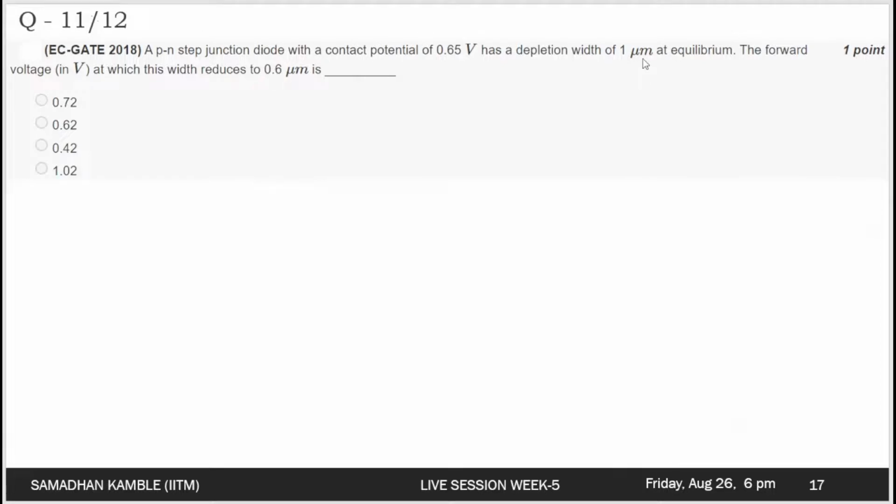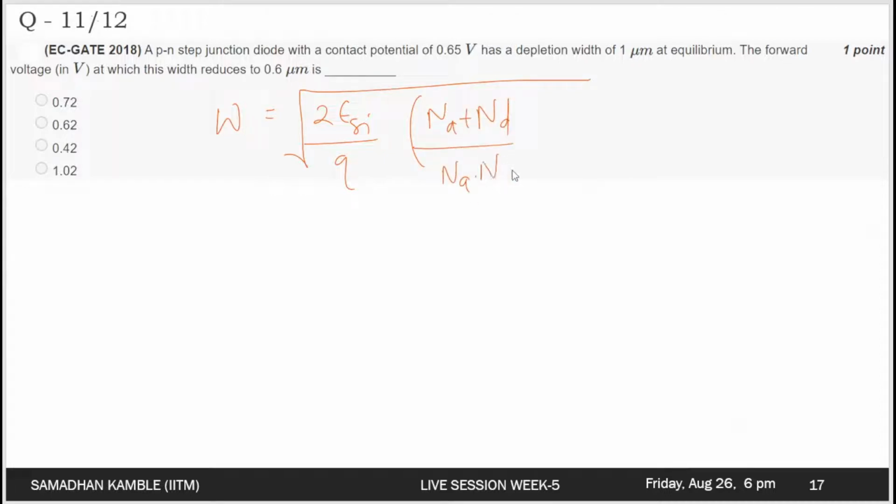For this question, we know that the depletion width is given by this particular relation: 2 times epsilon of silicon divided by the charge, times (Na plus Nd) divided by (Na times Nd), times the built-in potential minus the forward bias voltage.